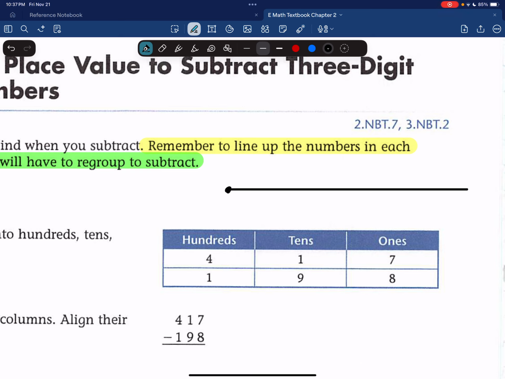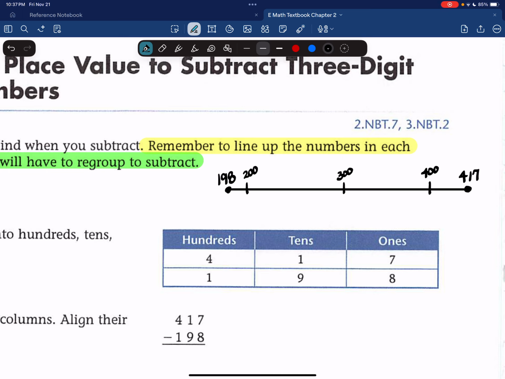remember we put the smaller number on the lower end, and that was 198 in this case. 417 is up here. So 198 is very close to 200. And then 300 would be a benchmark. 400 would be a benchmark. And then to 417 would be a little bit more.